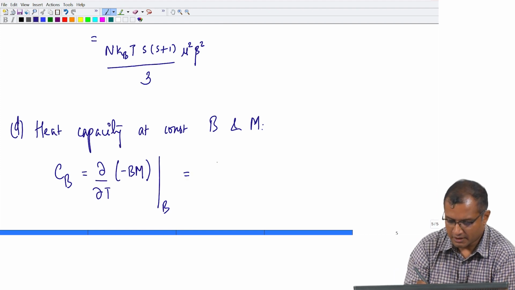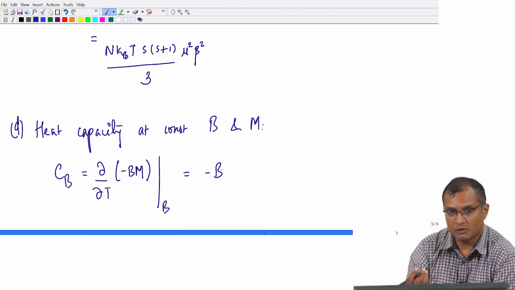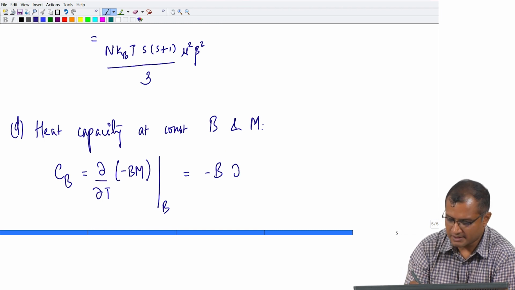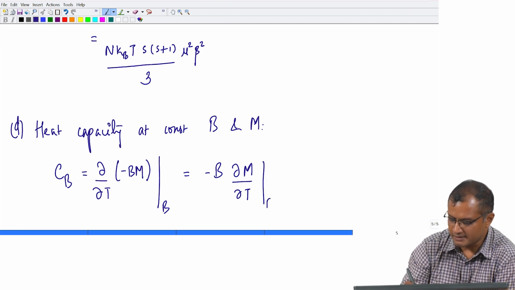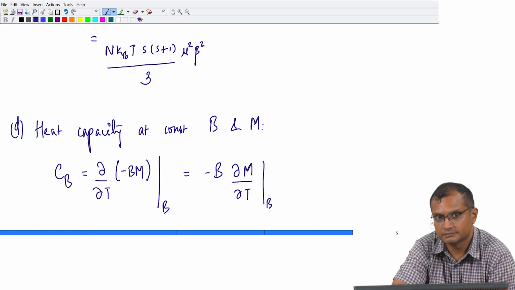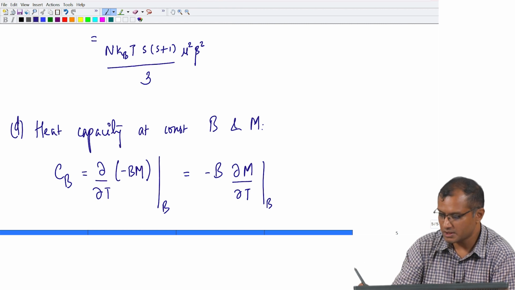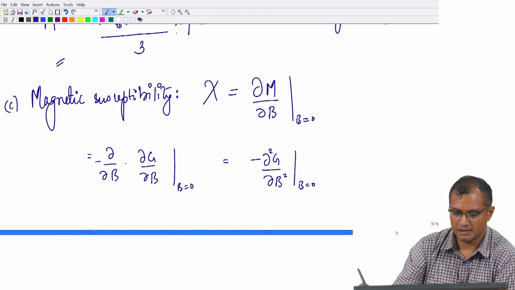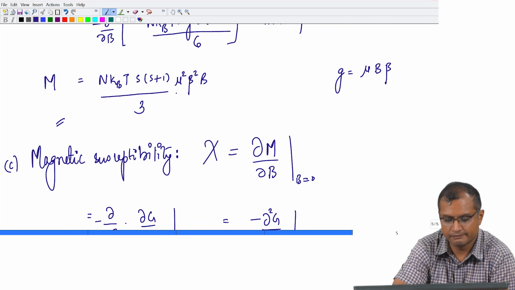You can take the field outside because it is held constant, and this is just the temperature derivative of the magnetization, which has already been computed for your ease over here. Okay.